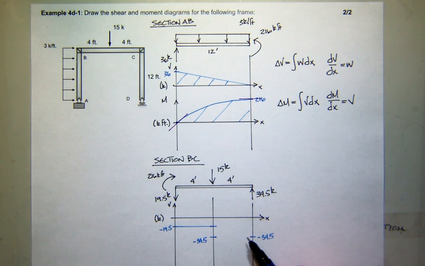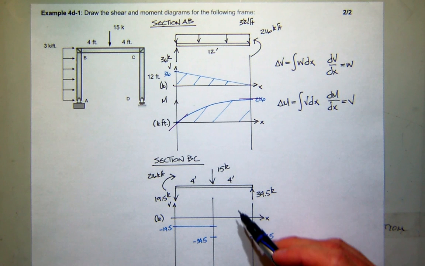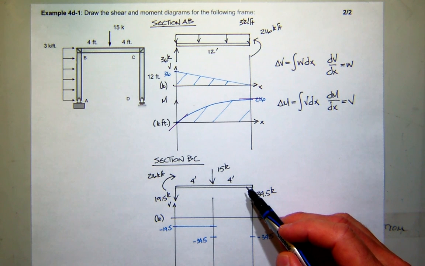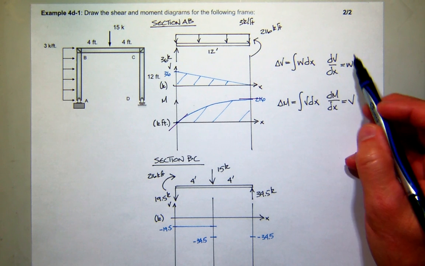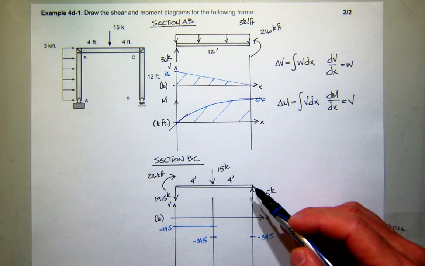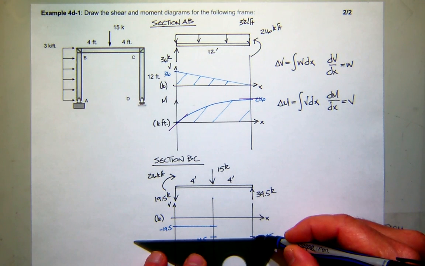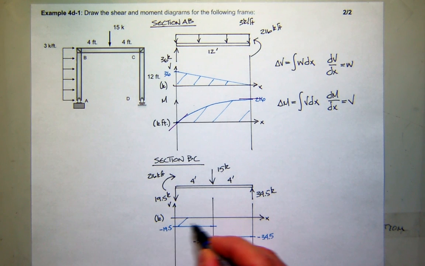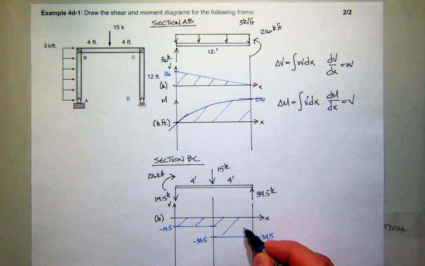So hopefully the change in shear here is 0, and that's given by the area of the load curve, which is also 0, so that worked out great. Also, the slope is given by the load. Load is 0, so we have 0 slope. So we've got this kind of stair-step looking shear diagram.